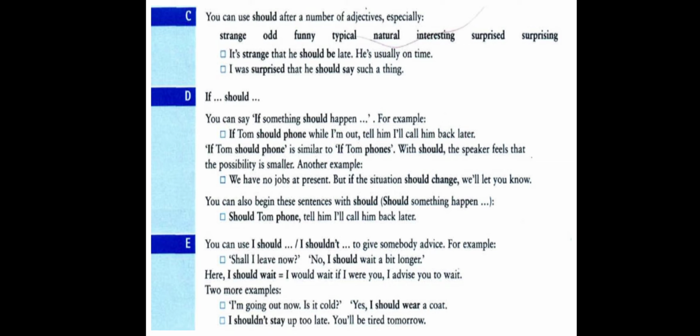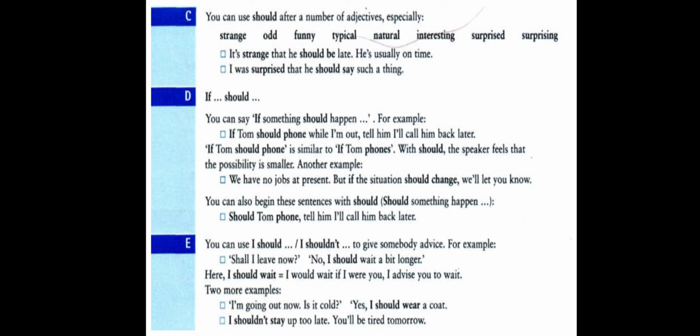But he directs words to himself or to herself in order to let the other person understand that they are directed to him or to her. So the sentence no, I should wait a bit longer doesn't mean the same person, but means the first speaker who says, shall I leave now?